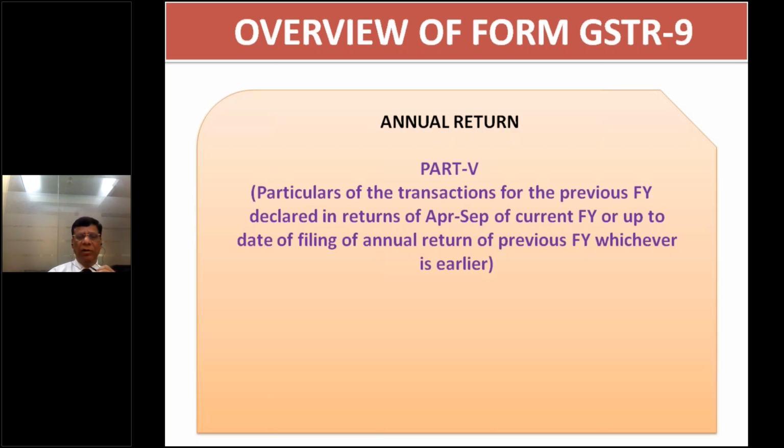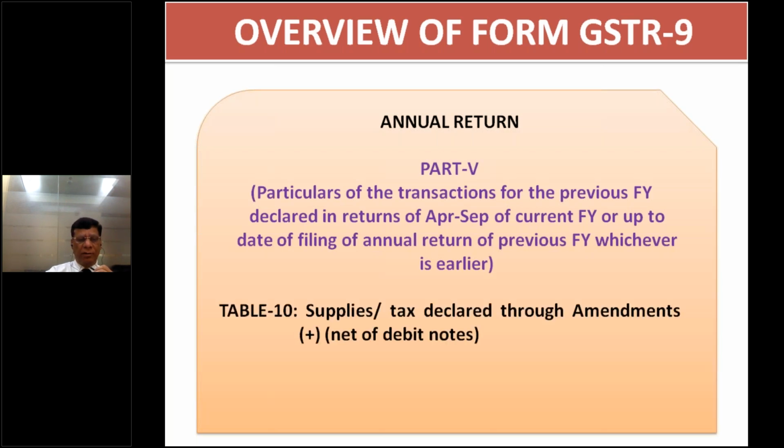Part 5 contains particulars of the transactions for the previous financial year declared in returns of April to September of the current financial year, or up to the date of filing of the annual return of the previous financial year. No doubt you can read these: April to September, up to April to March 2019. We will be discussing this aspect very soon.